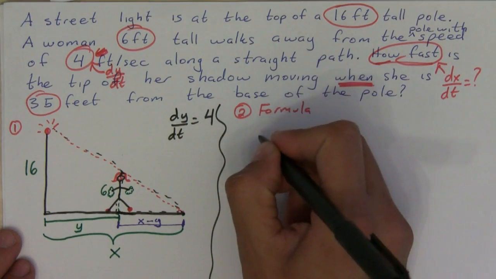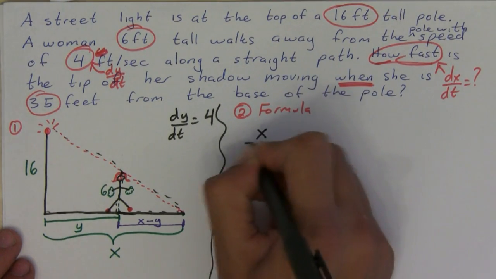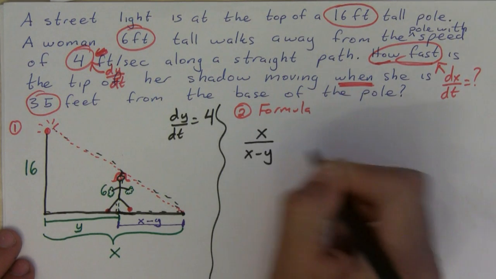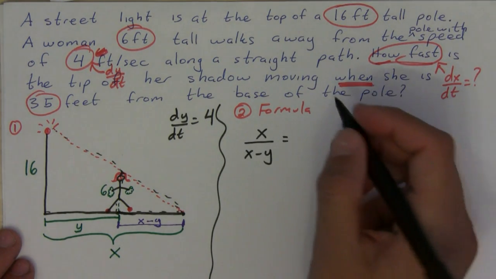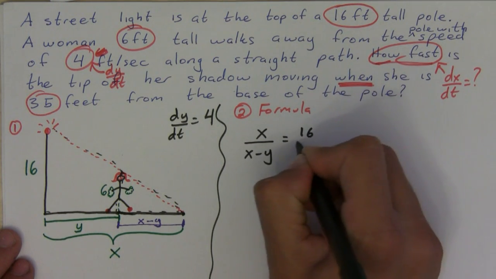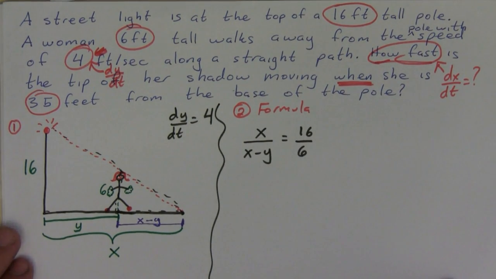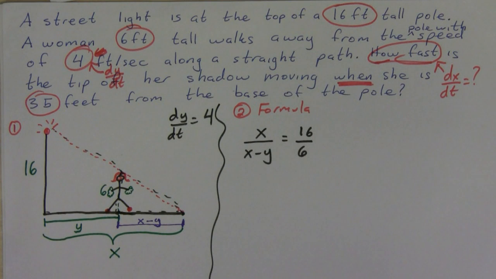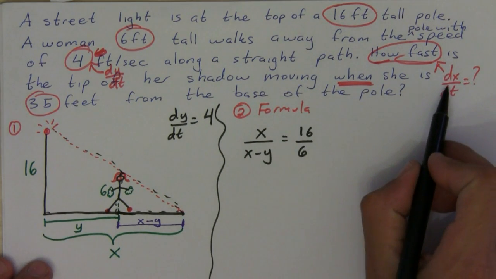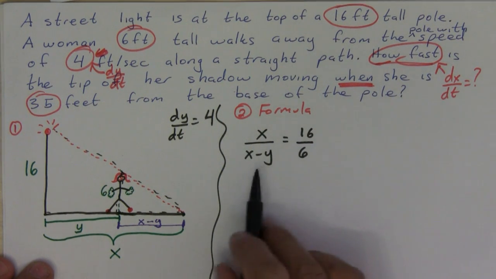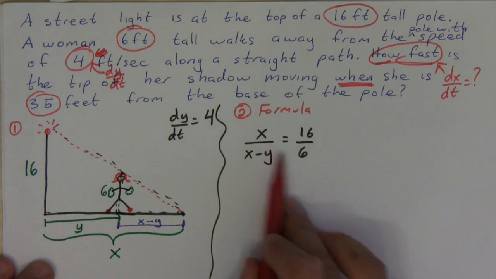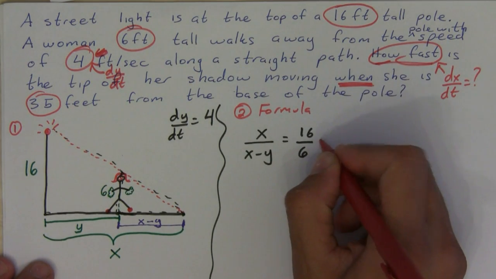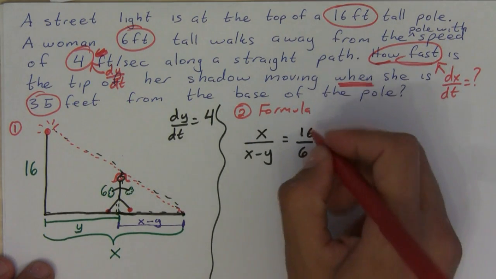You can say that, for example, x over x minus y is equal to 16 over 6.